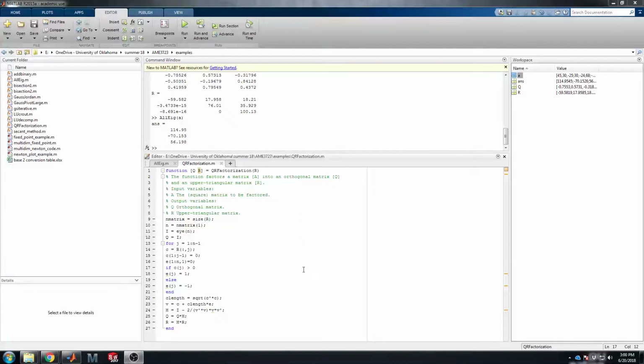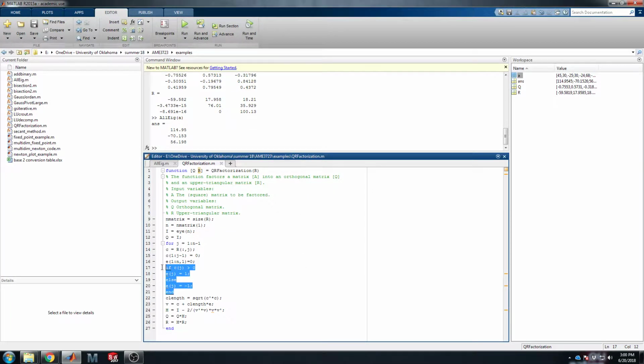So if we go over to the code real quick, in the determination of E, the highlighted region right there, is the formula for any row J that we're working on. If the C vector in location J is greater than 0, then E of that location is 1, otherwise E is negative 1.